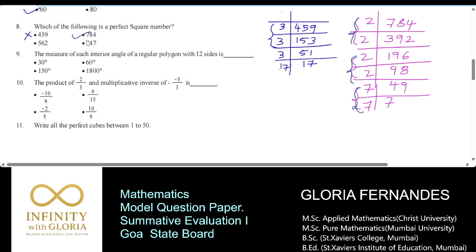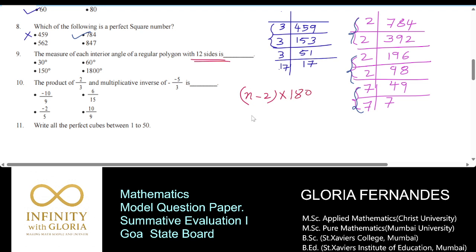Next question. The measure of each interior angle of a regular polygon with 12 sides is. So regular polygon, when you see with the 12 sides, right? So we have the formula, that is n minus 2 times 180, right?